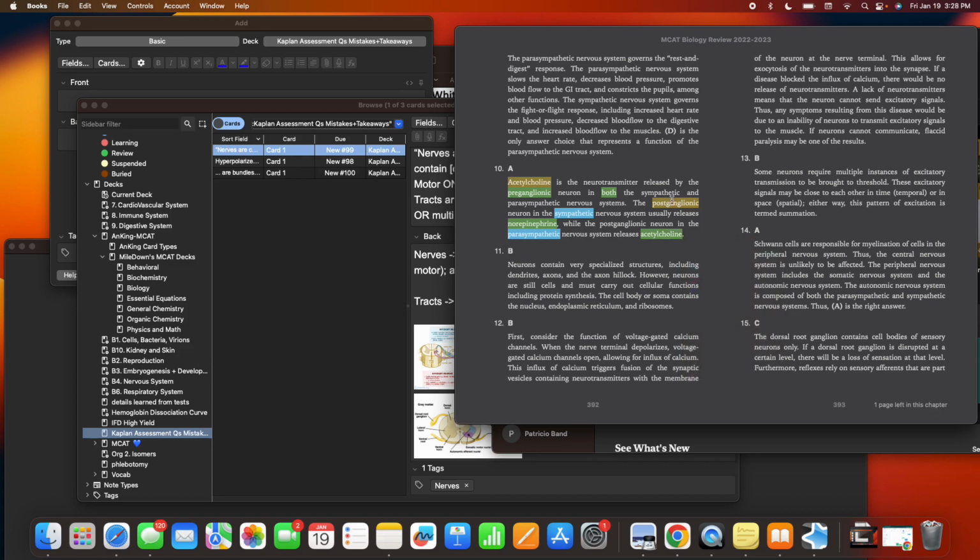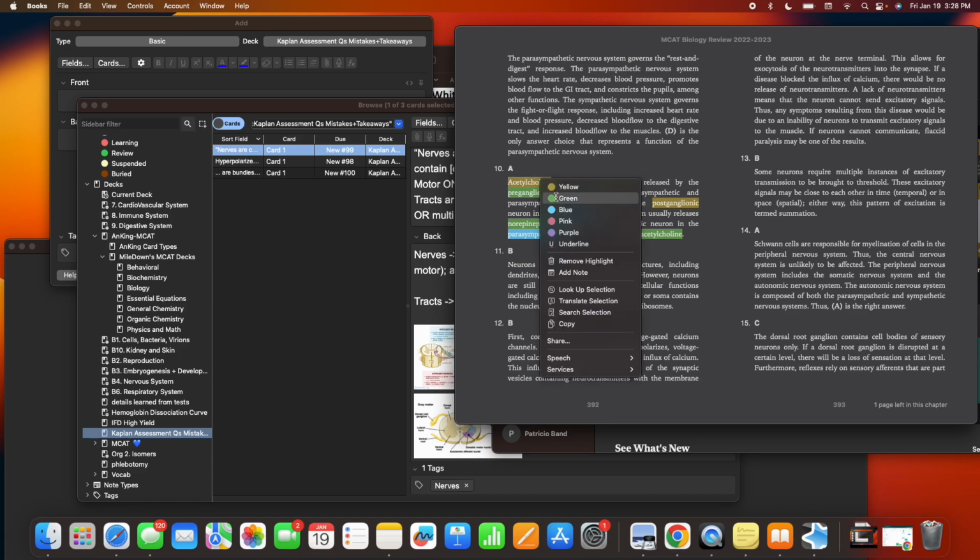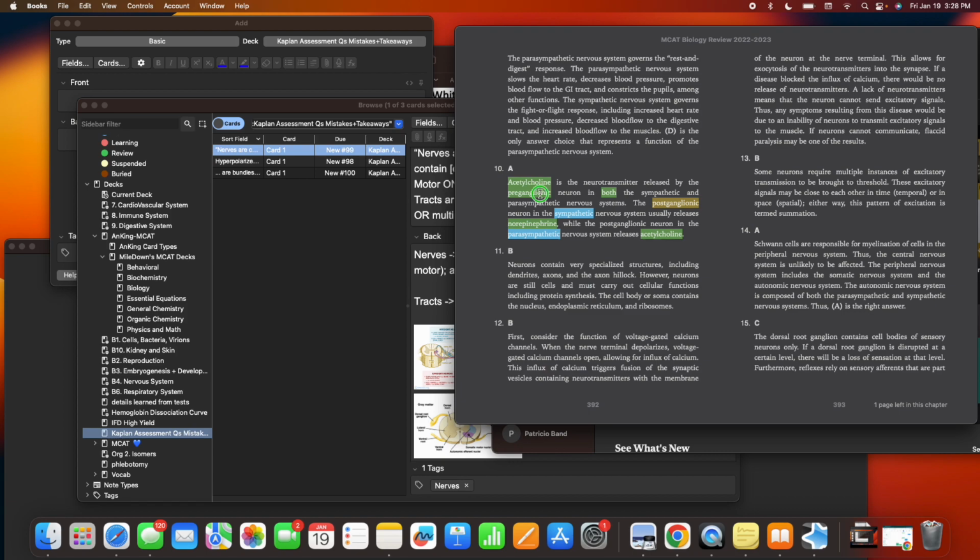You have postganglionic and preganglionic. Okay, it's making sense now. So we should categorize. This should turn green, this should turn yellow, and this should turn sympathetic blue. Okay, great.